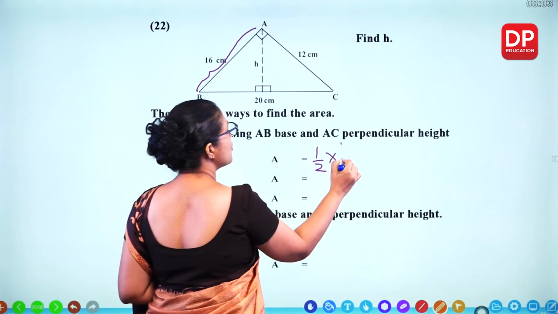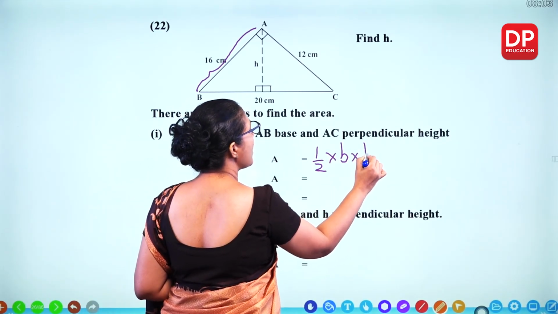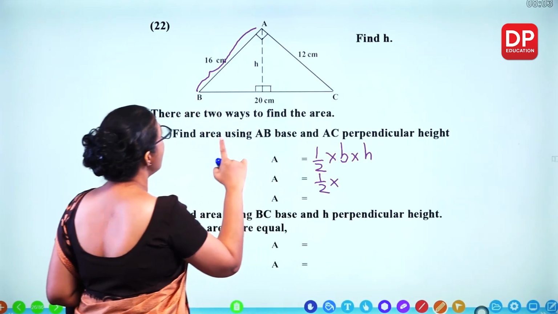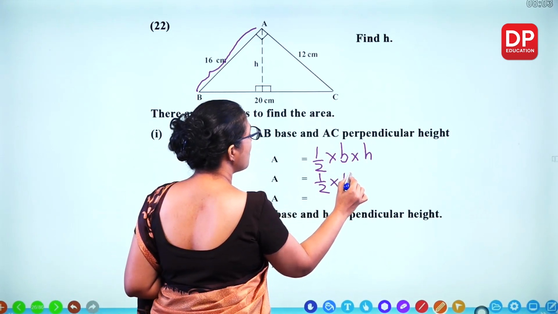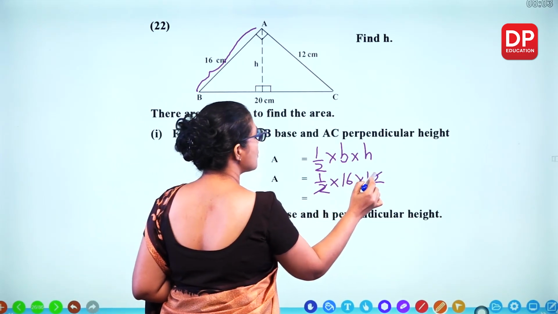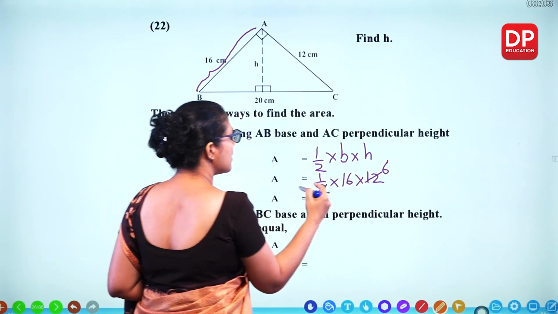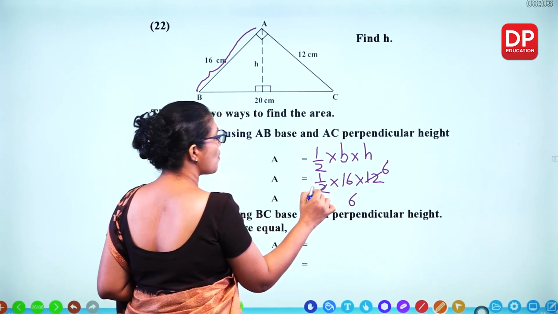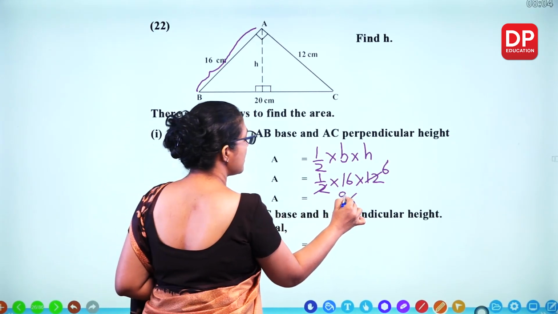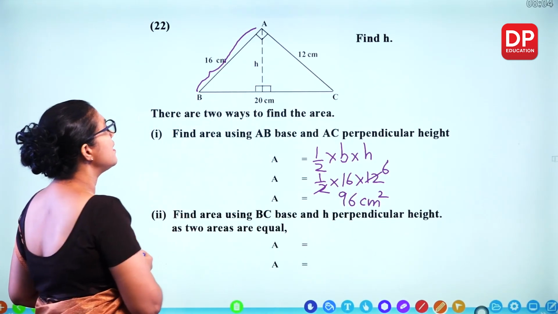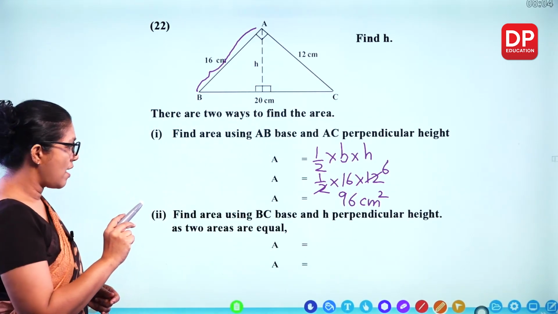Base is, I'll put BH or AH, half into 16 into 12. 2 times 6, 6 times 6, 36. 6 times 1, 6 plus 3, 9. So 96 square centimeters. That's the area of ABC triangle.